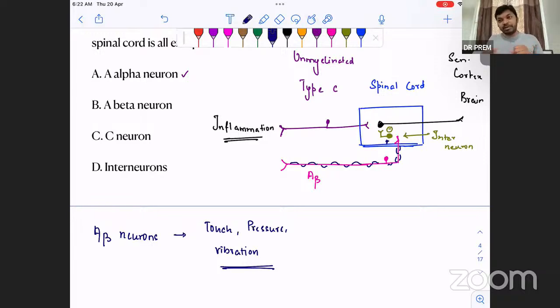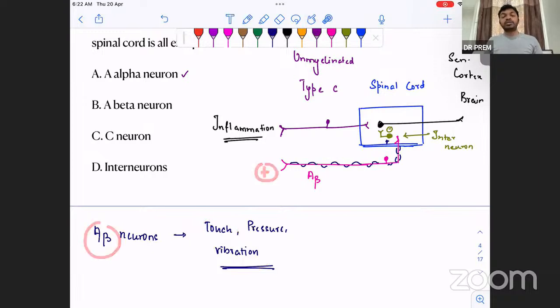The application of heat, liniments, ointments and everything. These kinds of methods will essentially excite A beta neurons. So by applying touch, pressure, and vibrations, we are practically stimulating A beta neurons.